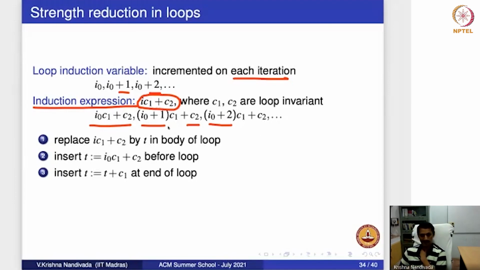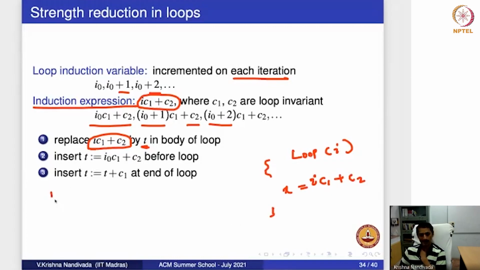Wherever this i*C1 plus C2 occurs in the loop, I'll replace it with a temporary T. Let us say I have a loop over some loop induction variable i, and I have code that looks like this, x equal to i*C1 plus C2.